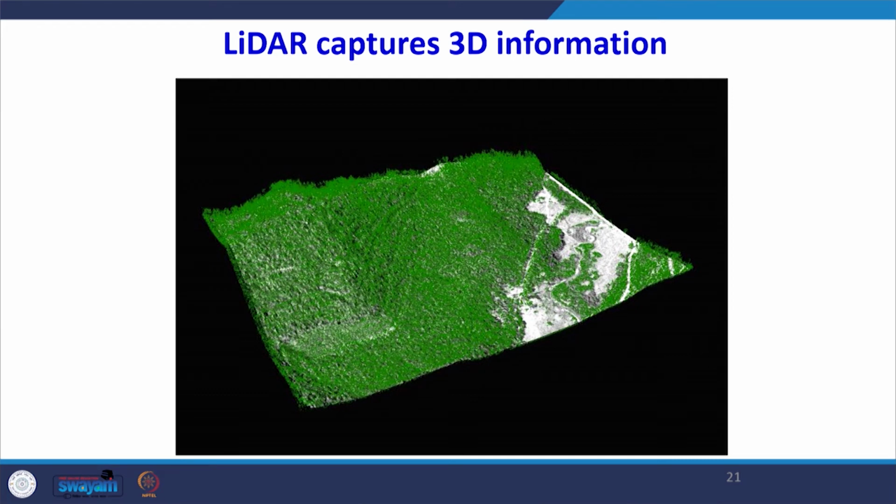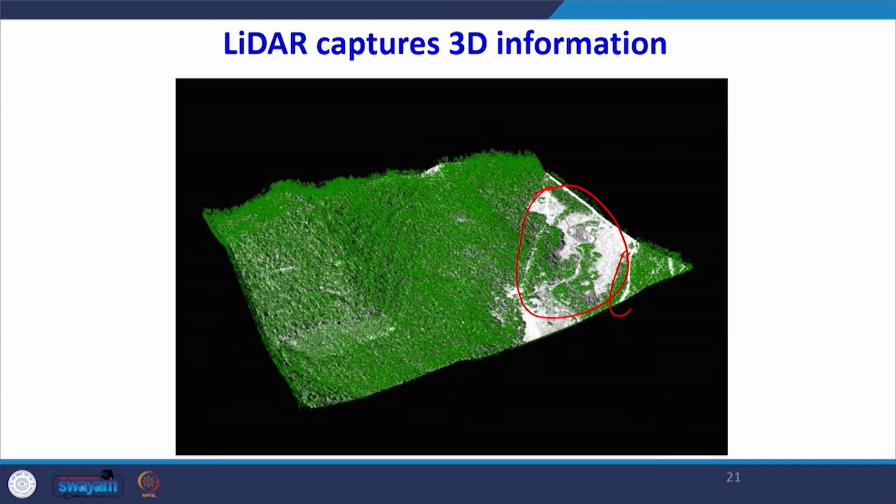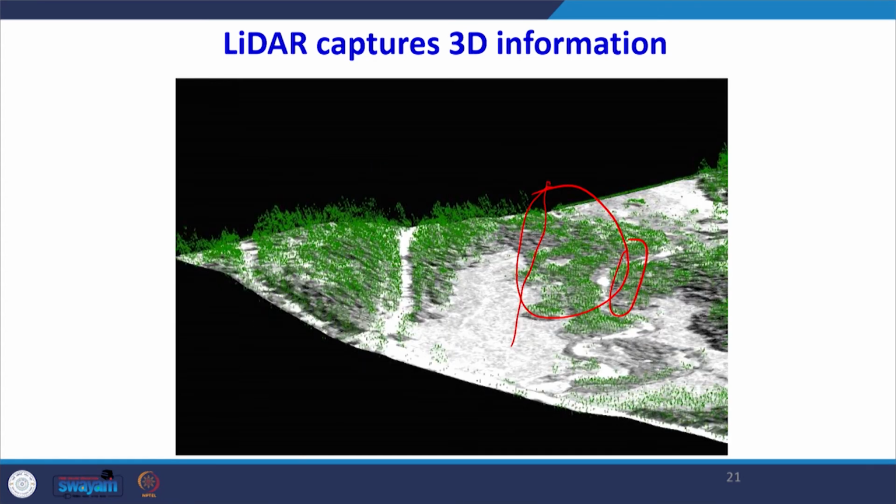The white areas we see on the slide are the river area, non-forested area, and sandy area, and there are certain rivers flowing through it.